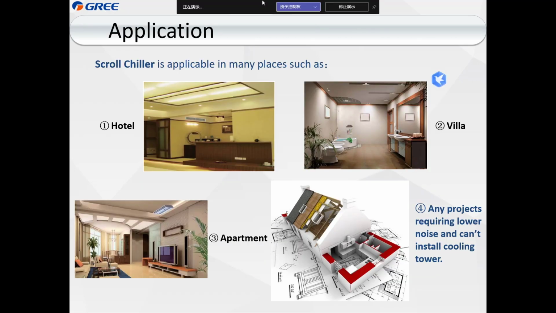And then next we see the application. The modular chiller is widely used in hotels, villas, and apartments, and in areas where the water source is not enough or it is not convenient to install a cooling tower.